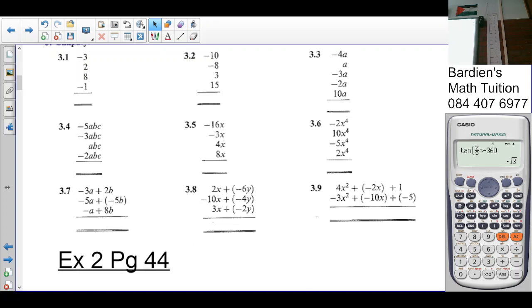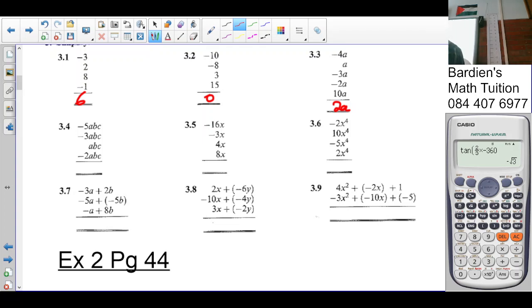The next one, what's 3.1's answer? 0. Next one? Not 0. Why did we get 0? Okay, it's a 6. Oops. The next one? 0. The next one? 2a. You say no? Who says no?